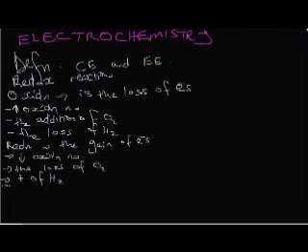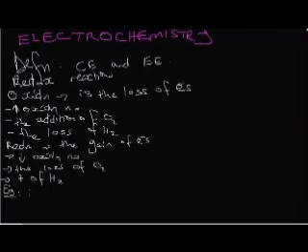So let us have an example and see how these particular reactions are applied. Let's say we have sodium combining with chlorine to form sodium chloride, what we call common salt.